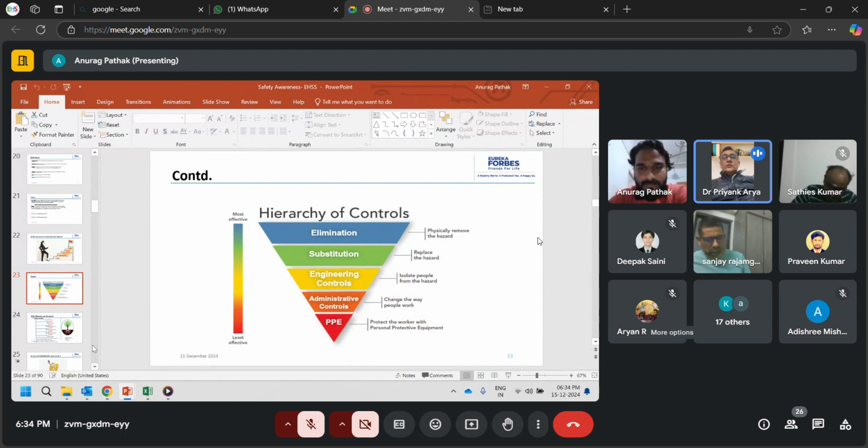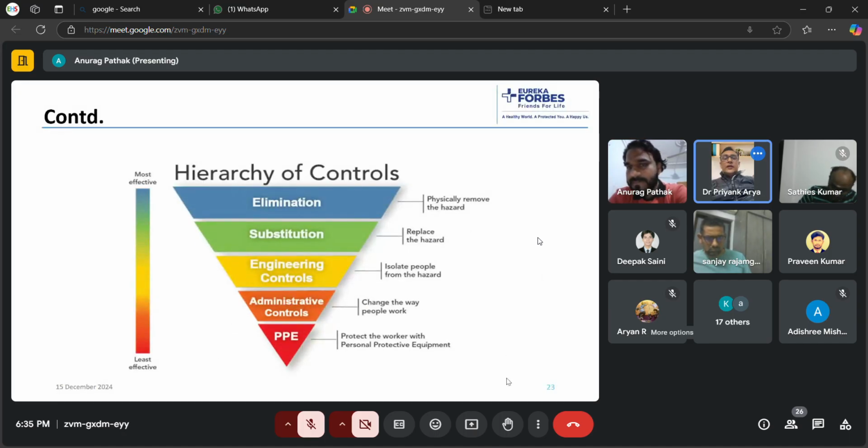Now he is showing that pyramid. First is elimination. What does elimination mean? You have to first do the hazard identification in any process with a multidisciplinary team and remove or eliminate all the possible hazards which you can.